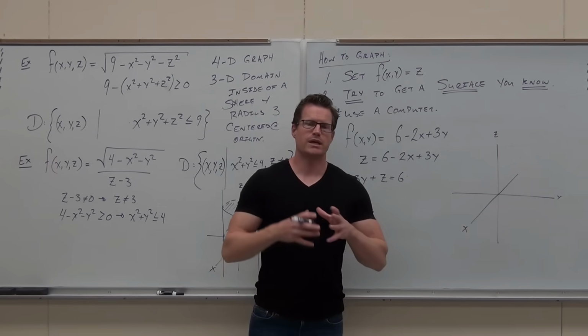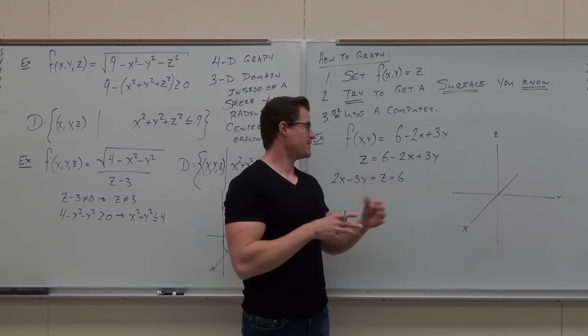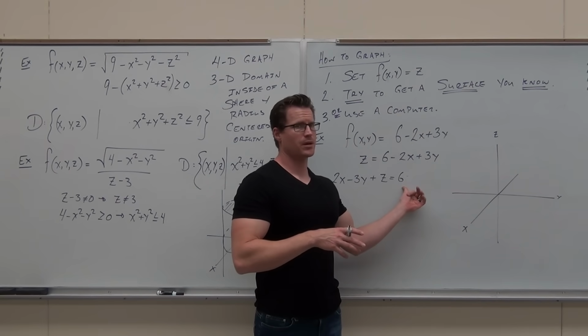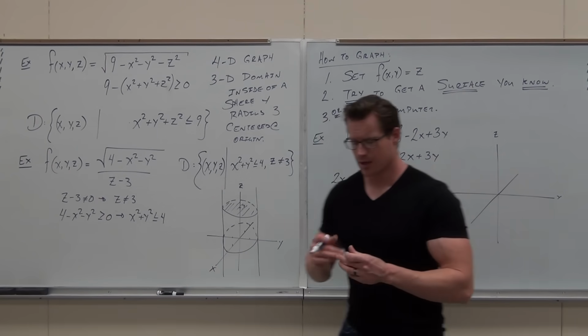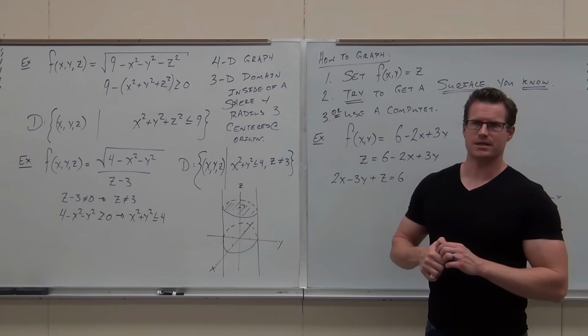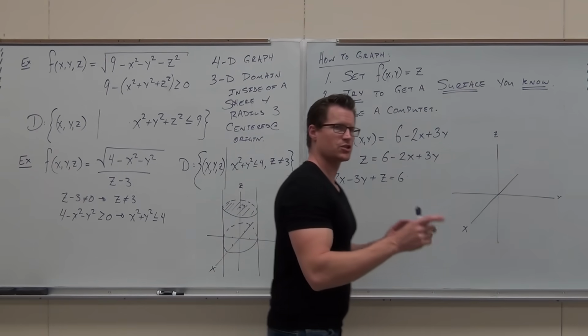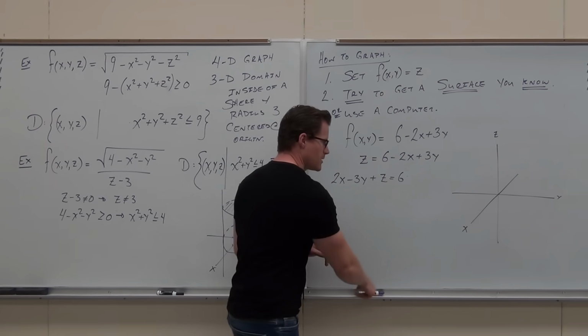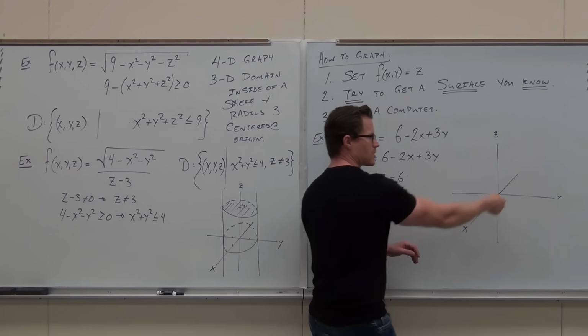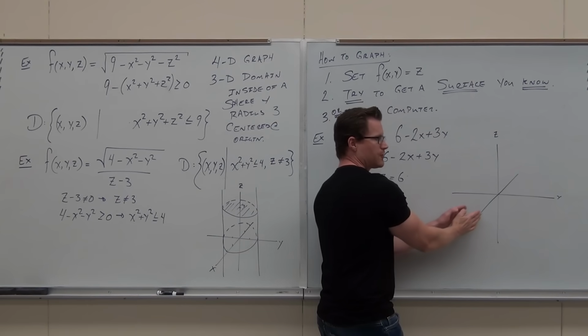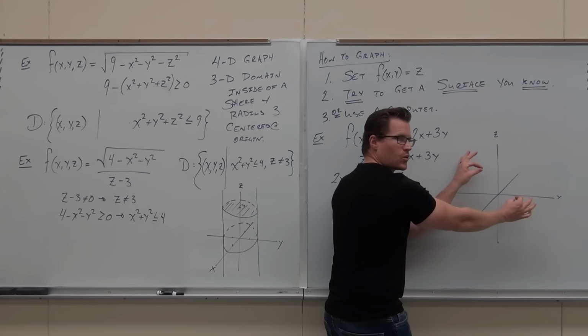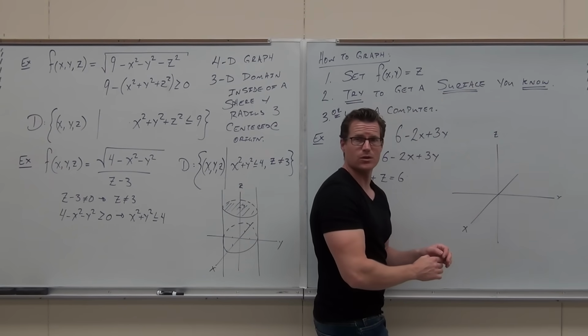Check it out. We can always graph planes provided there is an actual number, not 0, by doing this. Finding out the x, the y, and the z intercepts. How you do that, check it out just so you get the logic behind it. Here you go. If I wanted to figure out where this thing crossed the x-axis, every y and z coordinate on the x-axis is 0, correct?